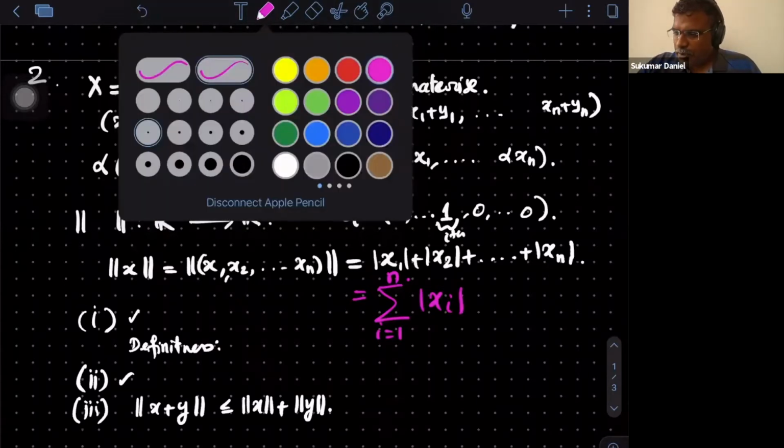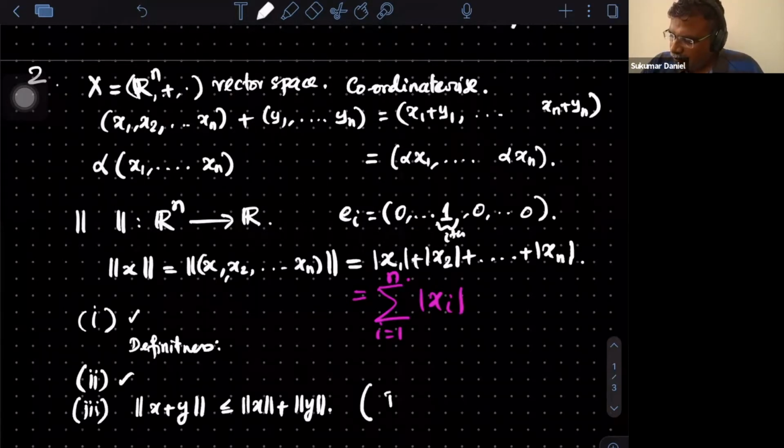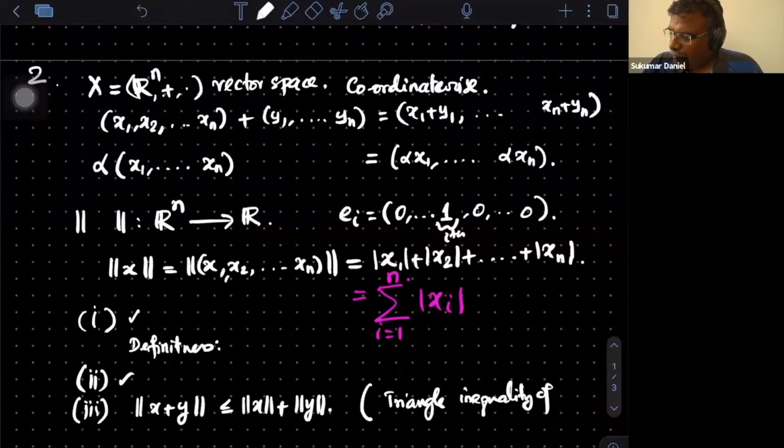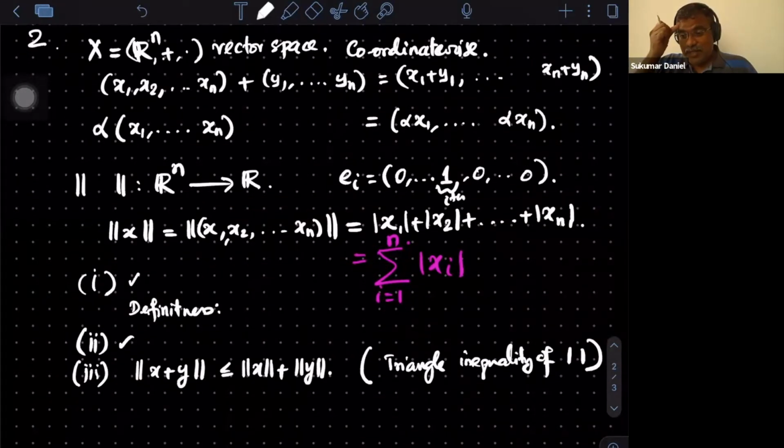So all of you observed that to prove the triangle inequality, you will be using the triangle inequality of modulus, and real numbers. And so we have verified everything, and hence it becomes a norm.